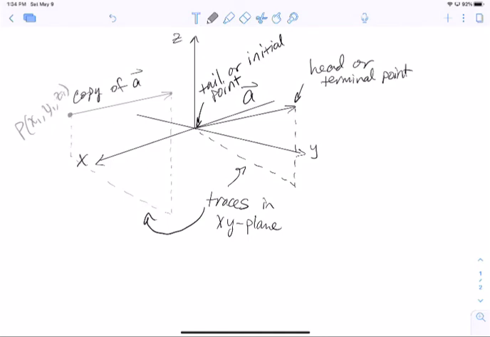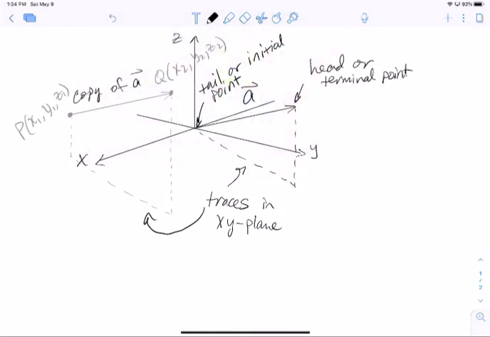And then the terminal point is Q. Anyway, the coordinates of Q would be (x2, y2, z2).